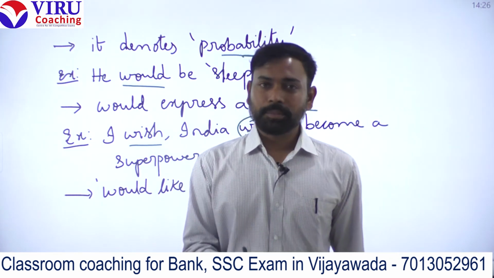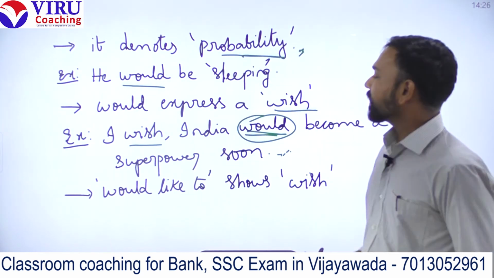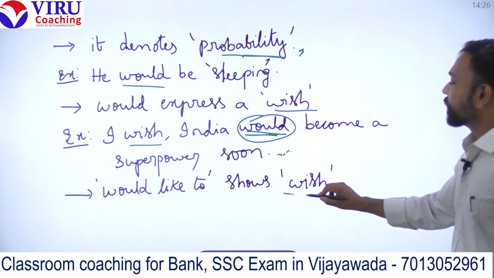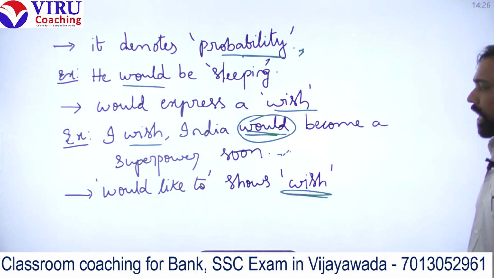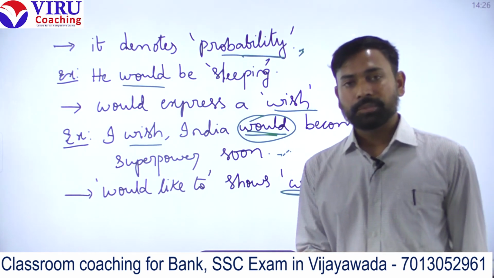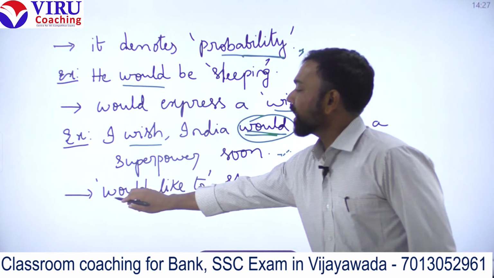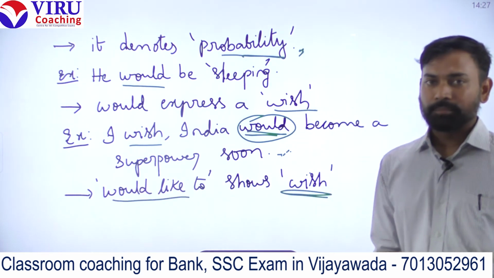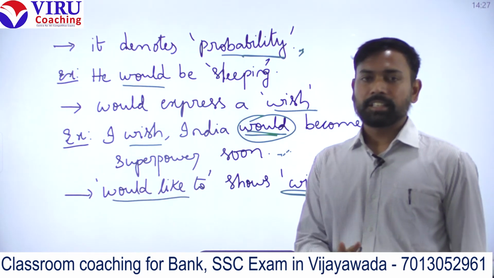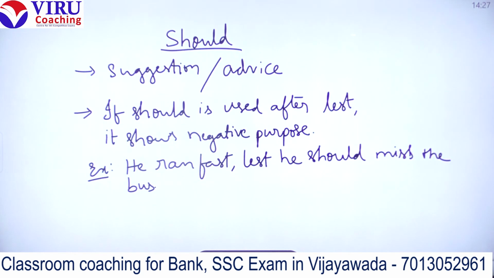I would like to talk to the management. I would like to see you. These are all examples that come under expressing a wish. I would like to go there, I wish to go there. Both sentences are the same, implying the same meaning.